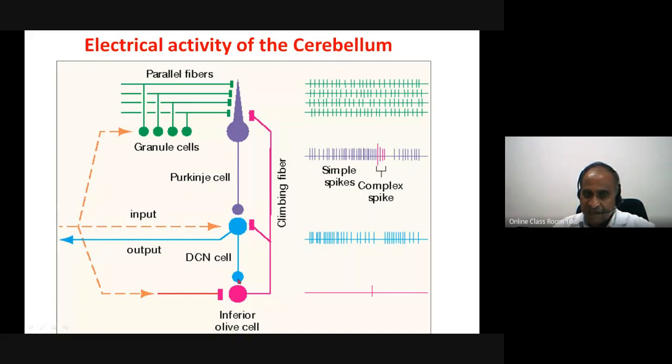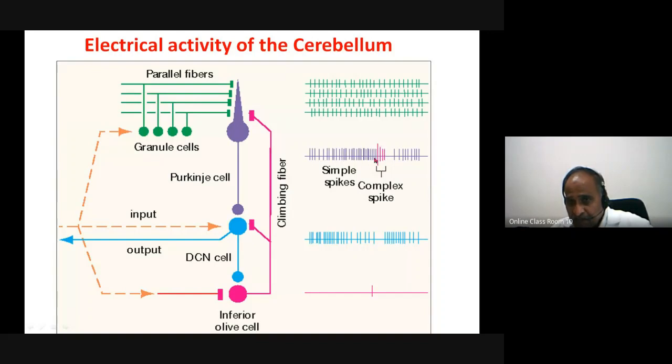The activity reaches here, and at the same time, part of it, through the collateral, will reach the inferior olivary nucleus. The inferior olivary nucleus wants to know everything. When it is stimulated, it produces the activation. You can see here this red pink portion. The pink portion is the complex spike.